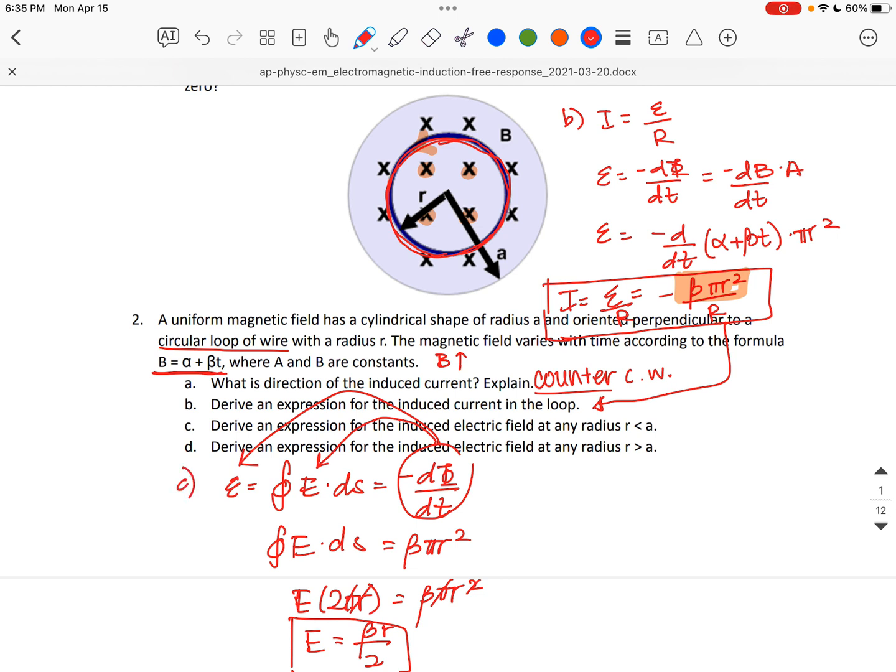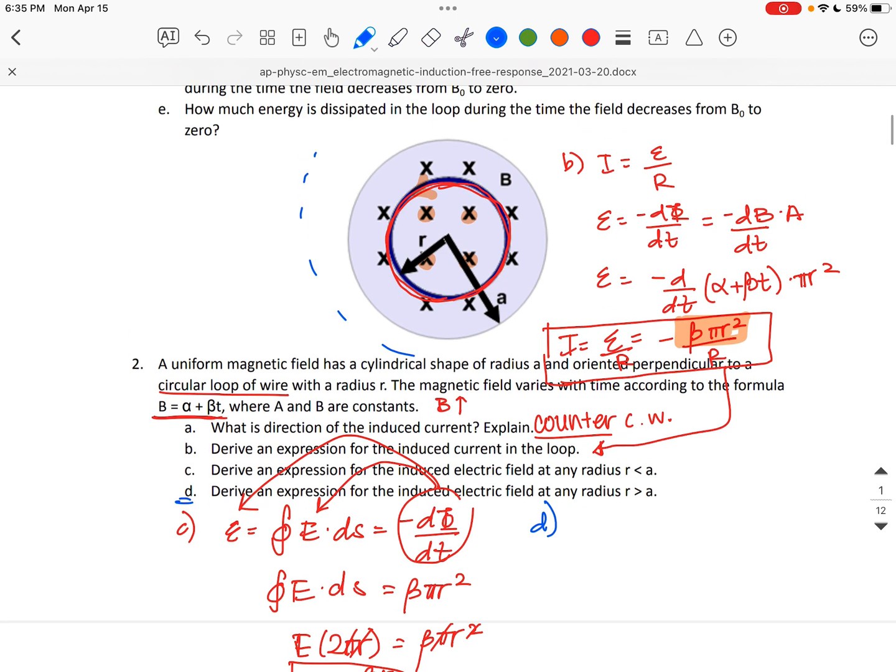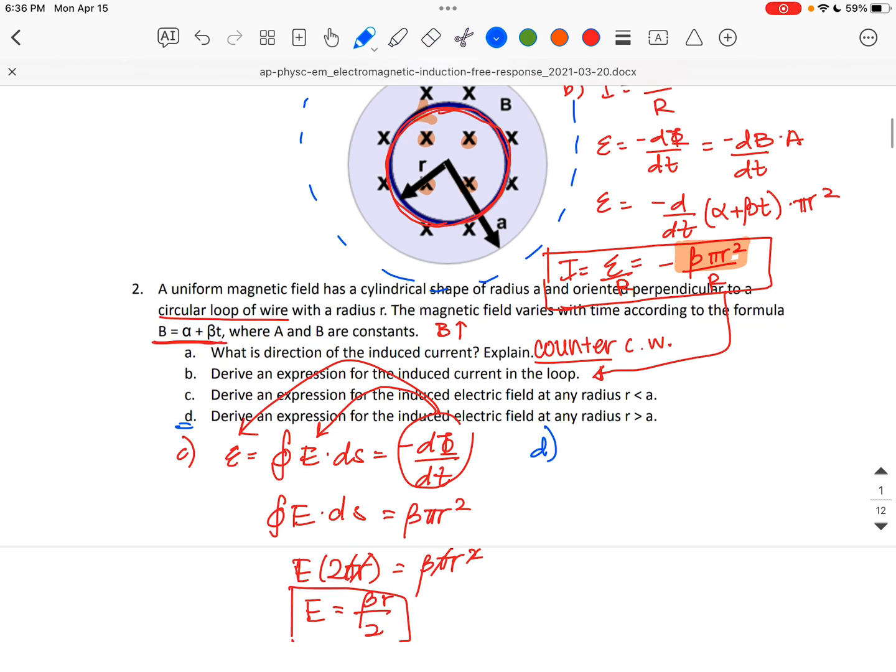We're going to do the same thing for part D. So I'm going to do D in blue over here. This time we've got a loop that's greater than the magnetic field. And so we're still going to use the same equation. E dot ds is equal to EMF, or negative d flux over dt.